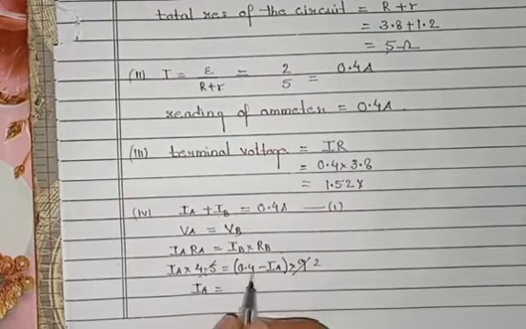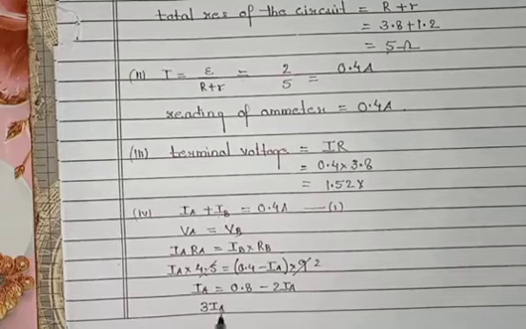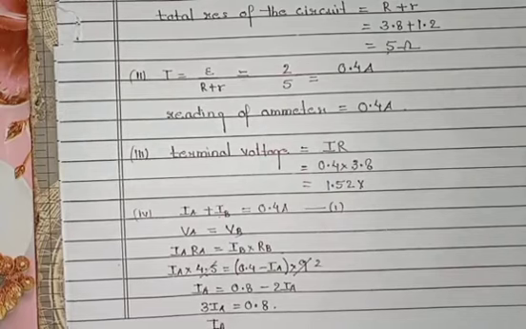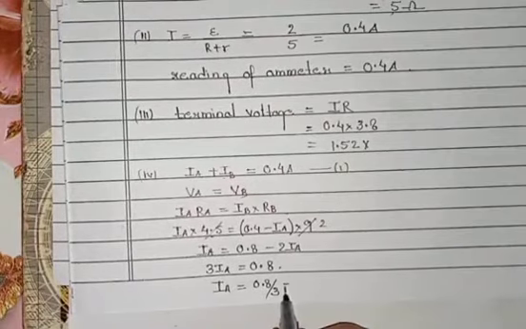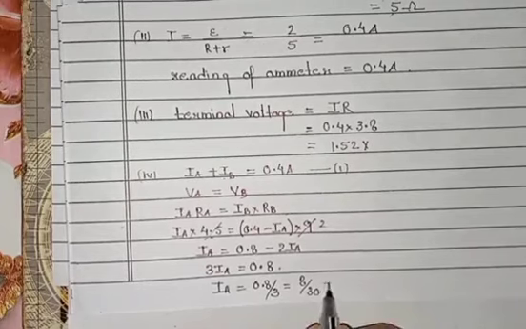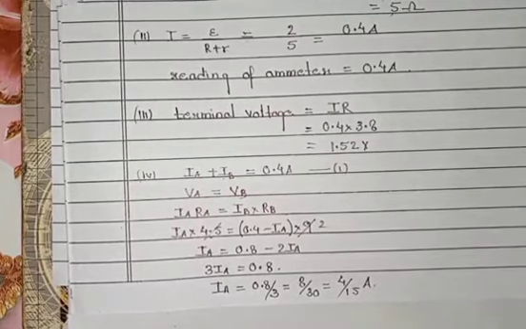Now when you open the bracket by 2, you are getting 0.8 minus twice of IA. So this will become thrice of IA is equal to 0.8. So current through A will be 0.8 upon 3. So that will give you, removing the decimal, 8 upon 30, that is 4 upon 15 ampere. So this will be current through A.